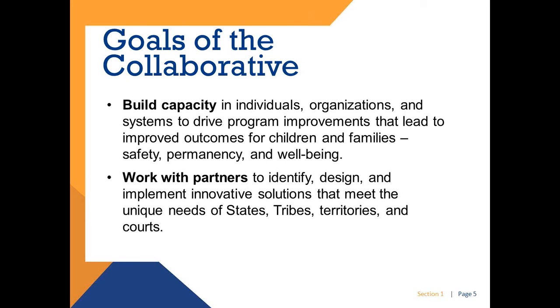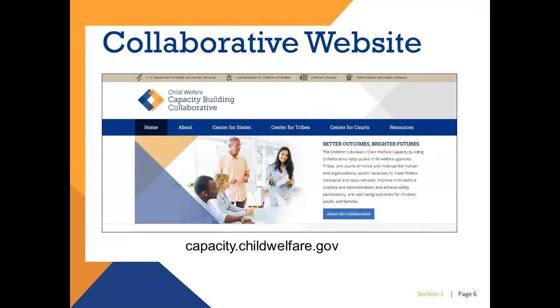The next slide, I wanted to refer you to the collaborative website. This is right there at the bottom of the slide. You see the link. The URL for the Child Welfare Capacity Building Collaborative is https://capacity.childwelfare.gov.